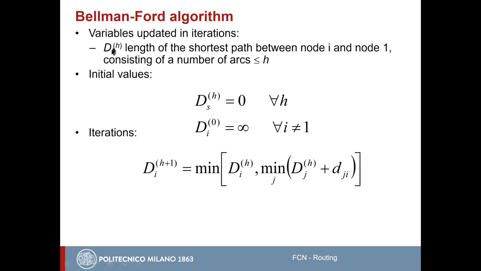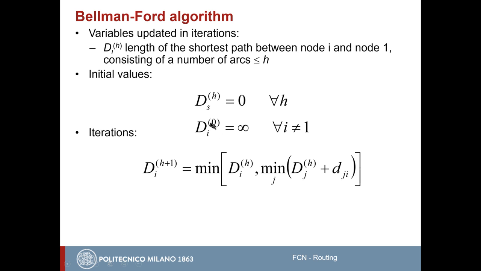Each node in the network will have its variable, and we have an initialization step that consists in setting this variable equal to 0 in the case of the source node, and it will always remain 0 throughout the whole algorithm.